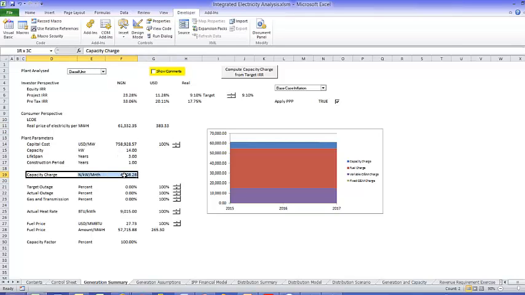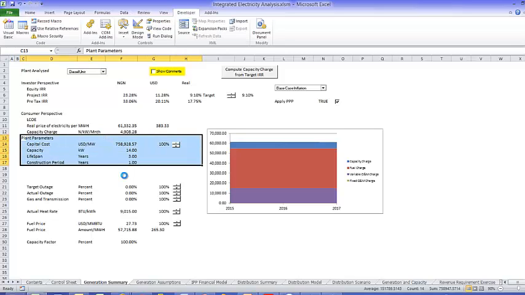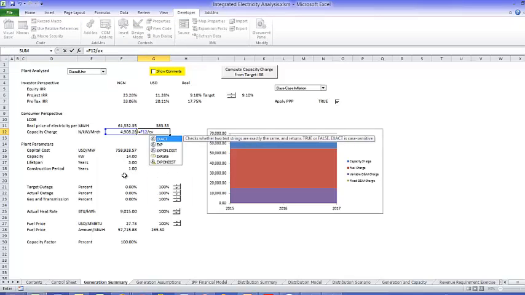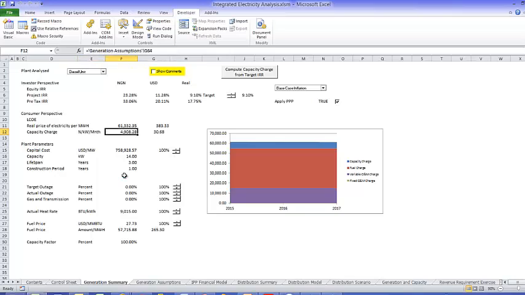Now I think I'm going to move the capacity charge right up here, because that's such a central part of what we're really looking at. And I suppose we could divide by the exchange rate. Okay, so that's our capacity charge per kilowatt per month.